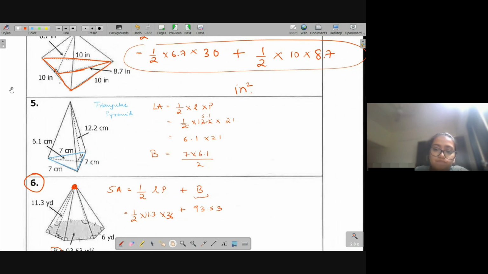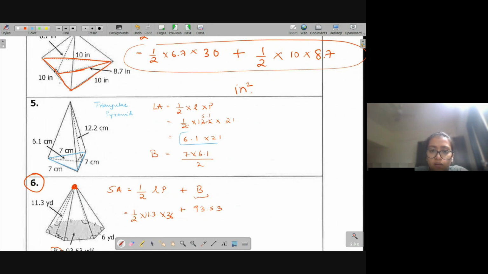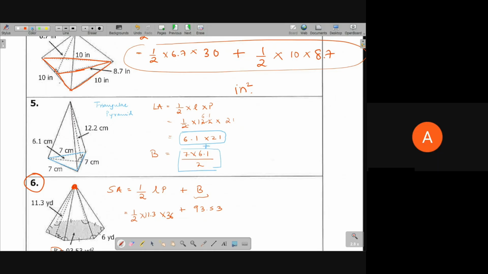Finally, you have to find this value and this value and add them together.